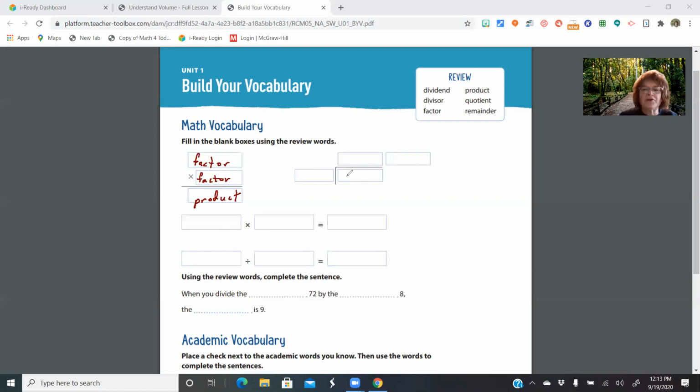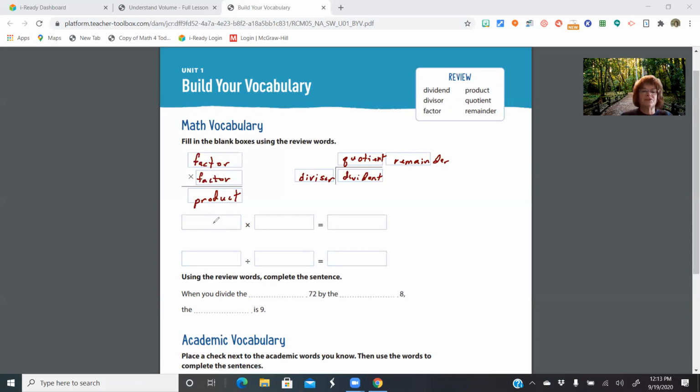What's under the division line is called the dividend. What you divide by is called a divisor. And your answer becomes a quotient. And sometimes you're left with a remainder. So that's what fits in those boxes.